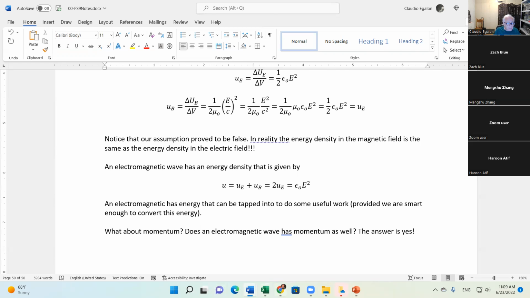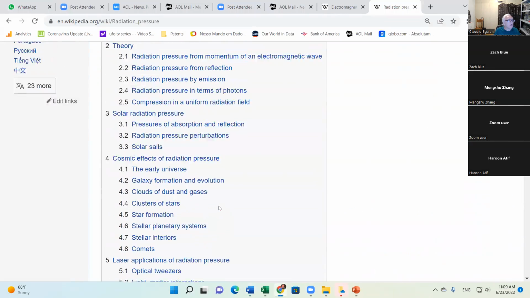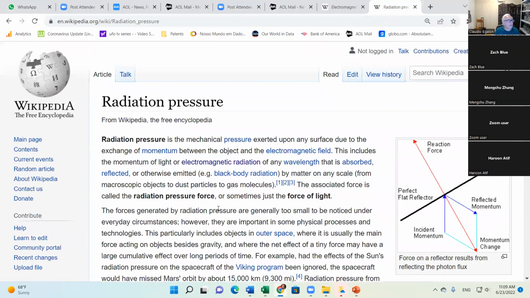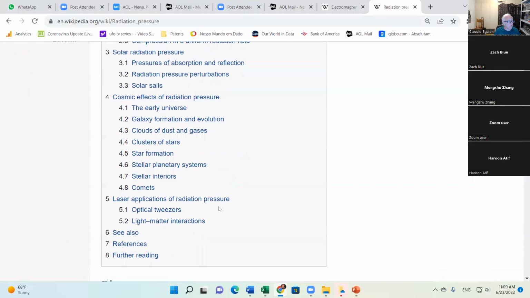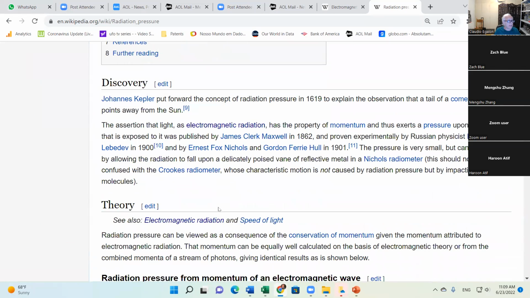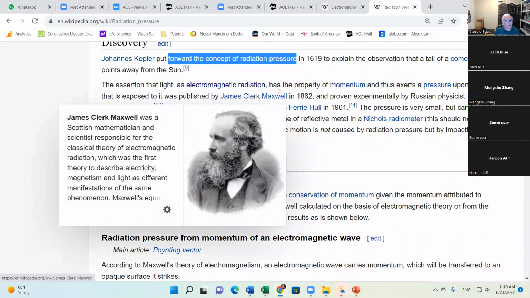And by the way, I looked here at Wikipedia. We have a nice article on Wikipedia about radiation pressure. This idea of radiation pressure has been around for a long time. Remember Johannes Kepler? Back in 1619, he put forward the concept of radiation pressure, which is related to the momentum of an electromagnetic wave.